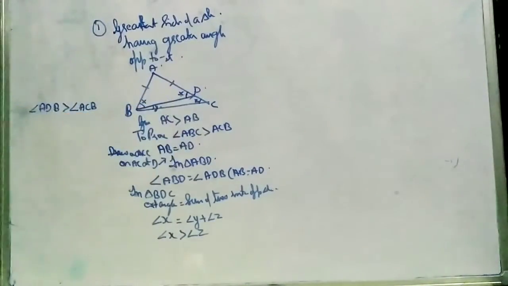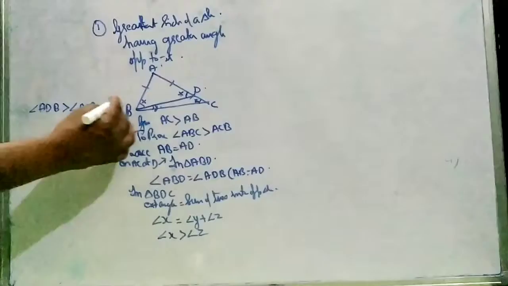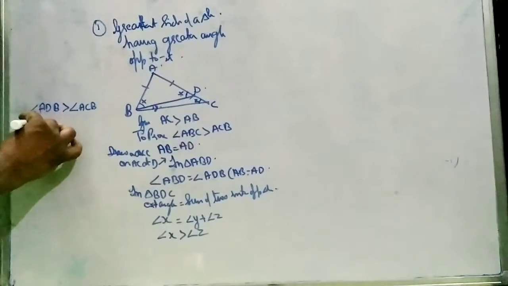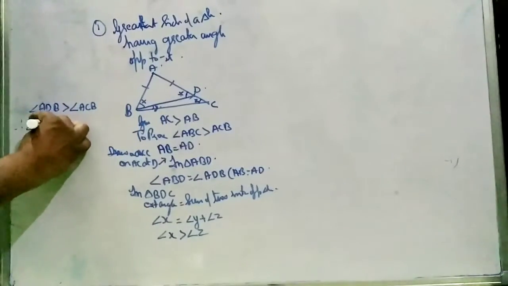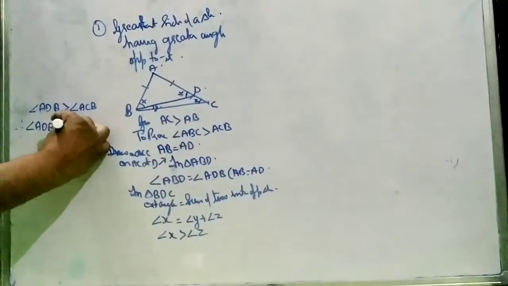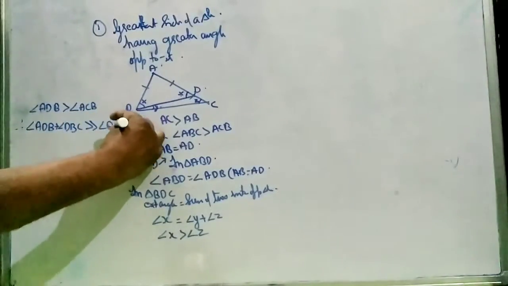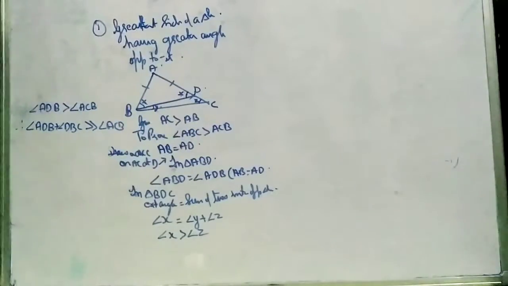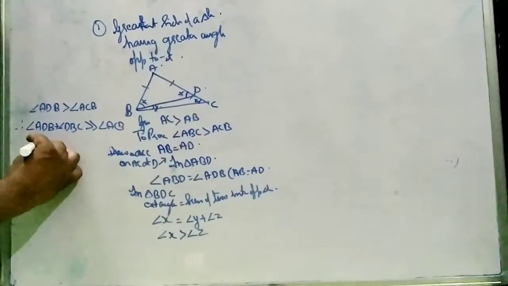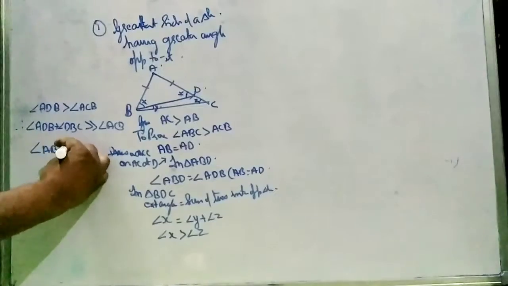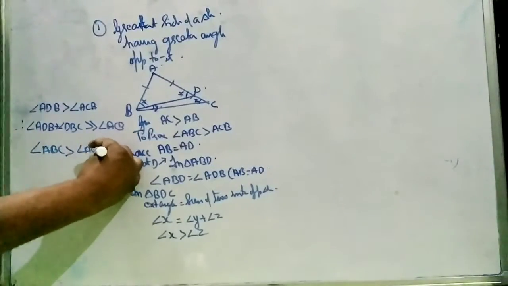This angle is greater than this angle. Therefore, angle ADB plus angle DBC is much greater than angle ACB, because now we are adding x plus y. So we have proved that angle ABC is greater than angle ACB.